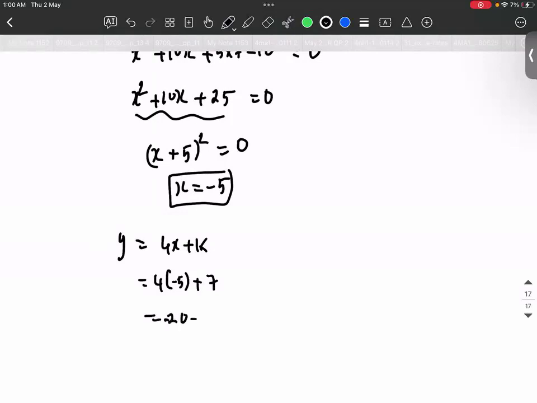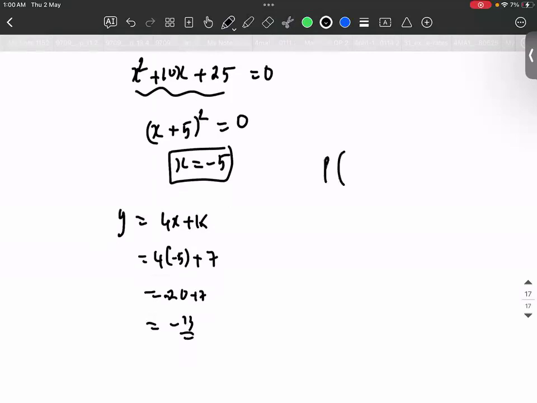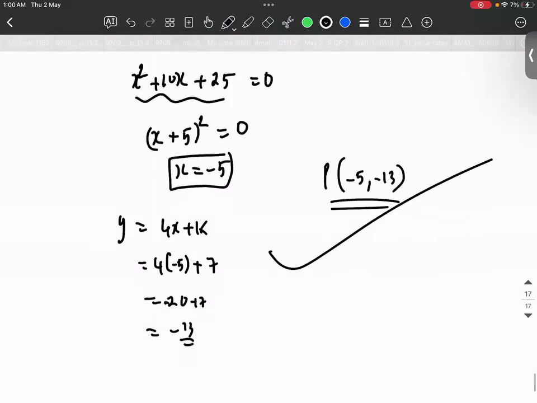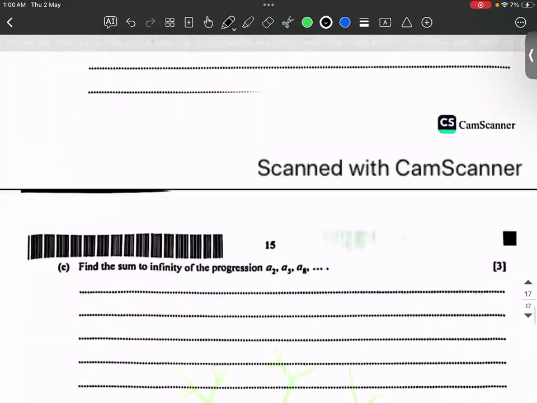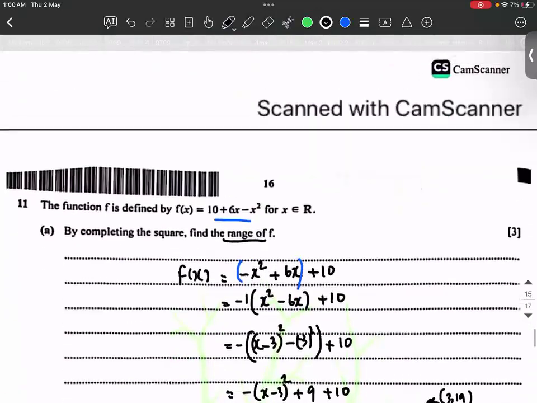So that is minus 20 plus 7. That will give us minus 13. Therefore, the coordinate of this point is (minus 5, minus 13). So that is the answer for this part. So (minus 5, minus 13) is the answer. Okay, so that is about question number 11 A and B.